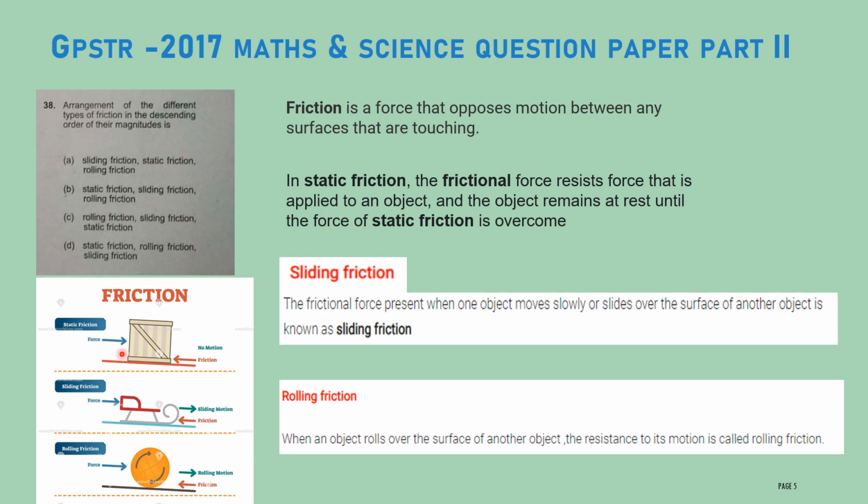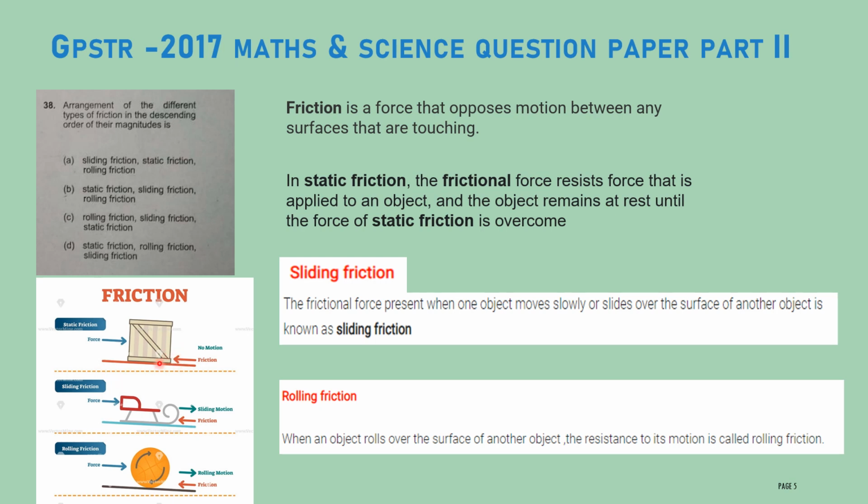If the object wants to move, then you have to apply a force. If you apply a force, this object will be in contact with the surface, and the surface will oppose the motion of the object. That process we call friction.